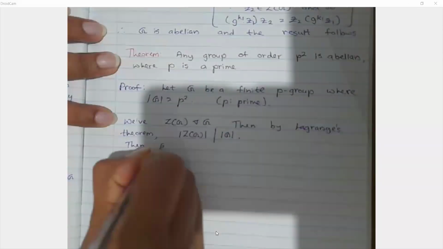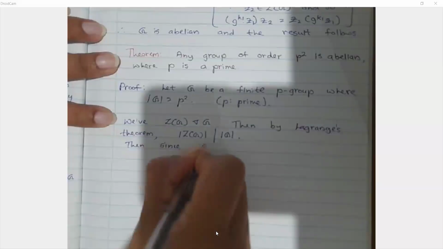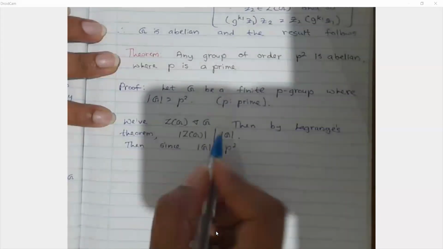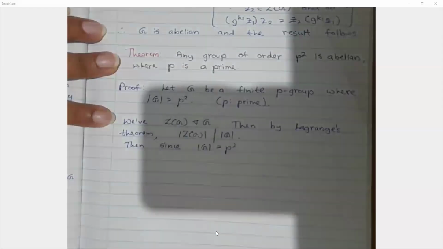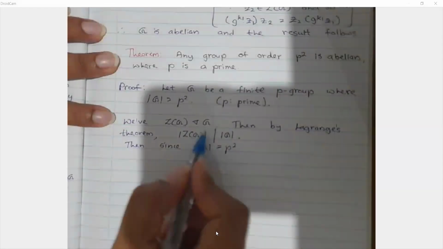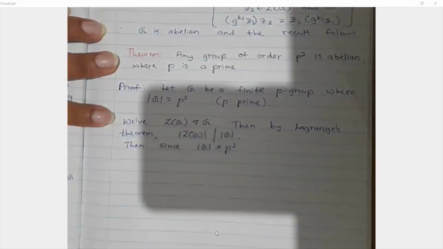Since the order of G is p squared, the order of Z of G can take only certain values. Now remember, the order of the center must divide p squared. P is a prime number. So the order of the center could either be 1, p or p squared.